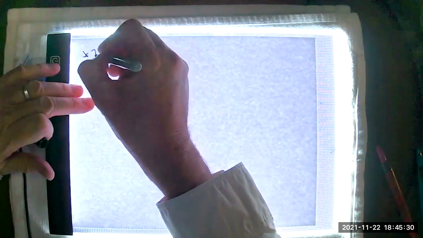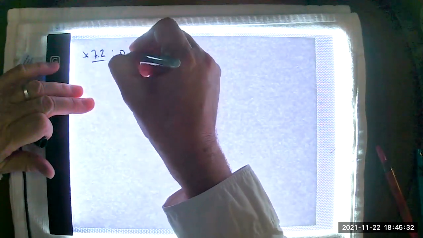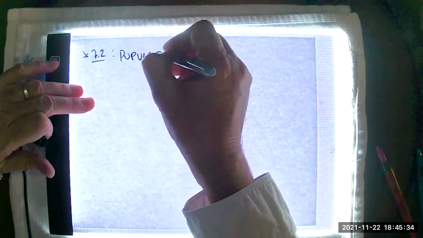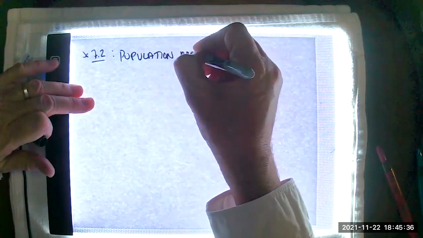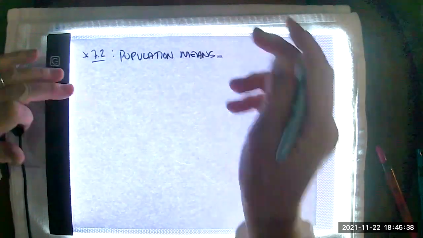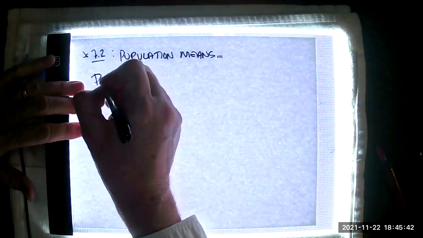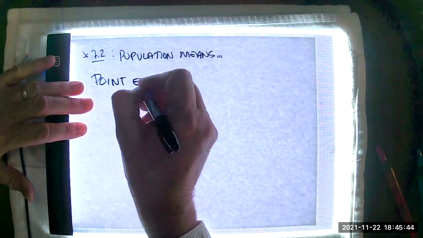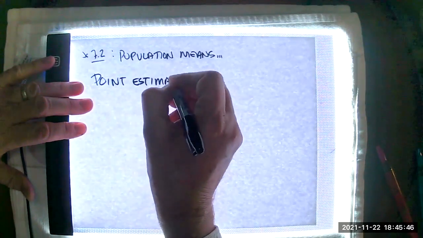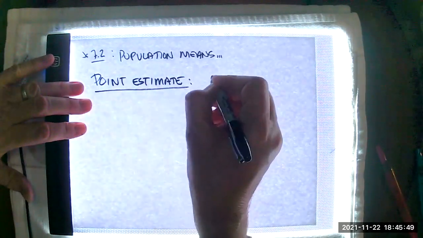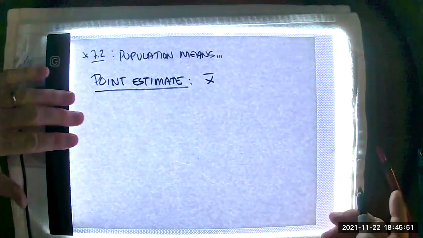Section 7.2. Estimating population means. We have our point estimate that comes to us from our sample, x bar.